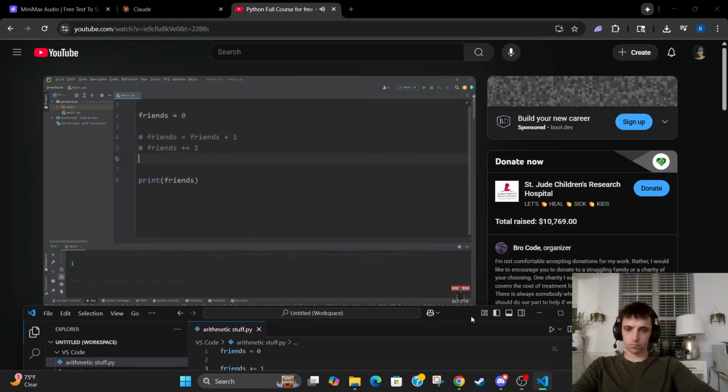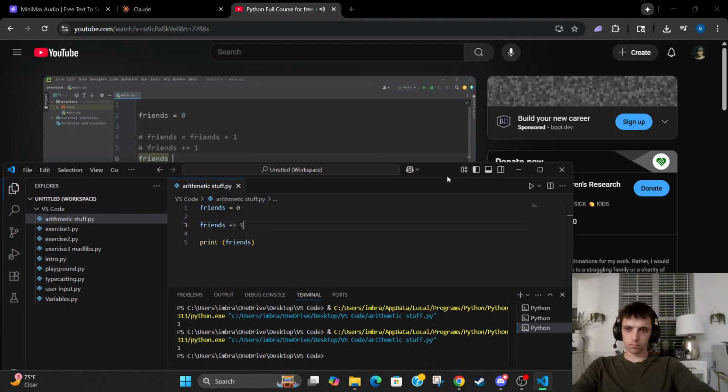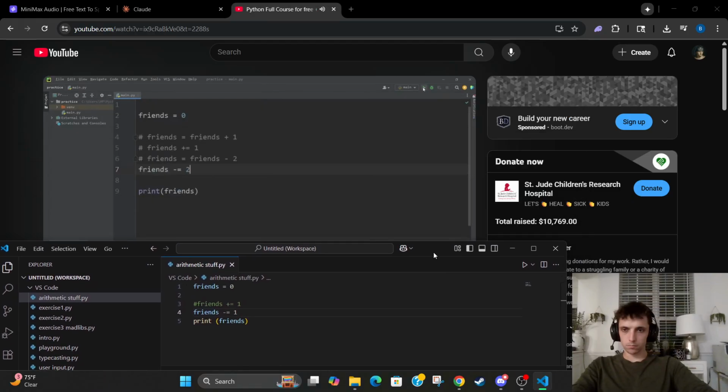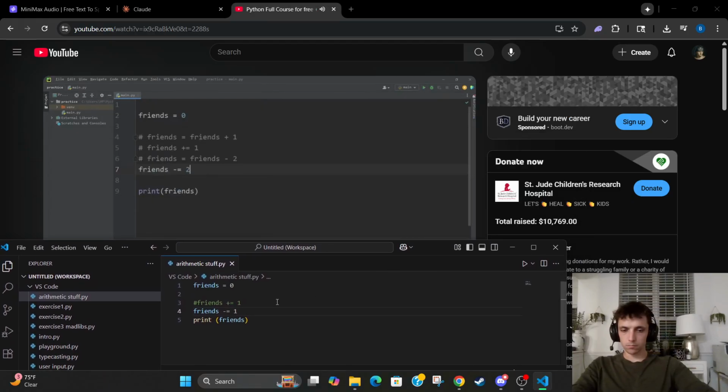Now let's use subtraction. Friends equals friends minus 2. So of course minus is the subtraction operator. You have negative 2 friends, I guess. If you were to use the augmented assignment operator, that would be friends minus equals 2. There, you still have negative 2 friends.